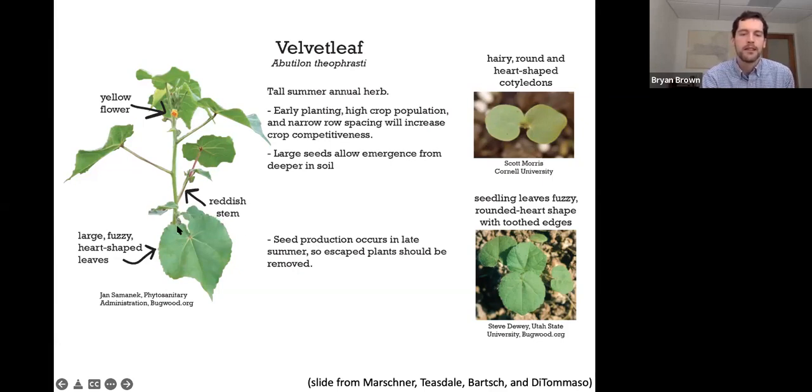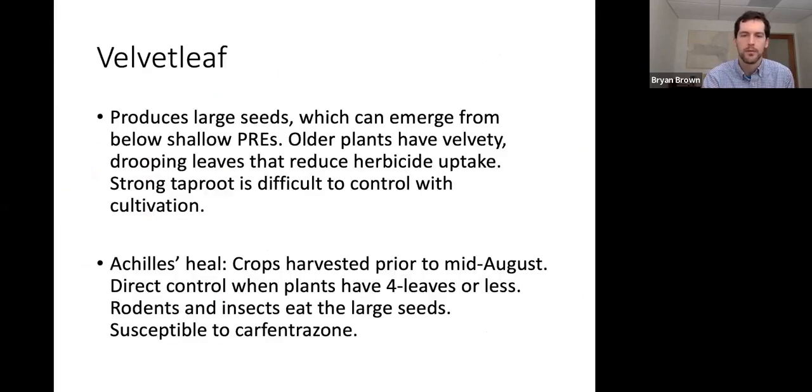But it does have a very fuzzy stem. It's kind of soft to the touch, and produces these distinctive, crown-shaped seed pods with a large seed. And that large seed helps it emerge from deeper in your soil, so it can push through. If you have a shallowly incorporated residual herbicide, it can push through that quickly in some cases.